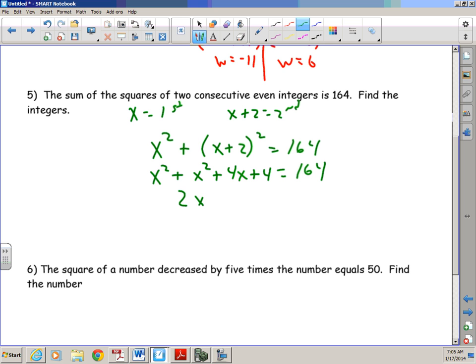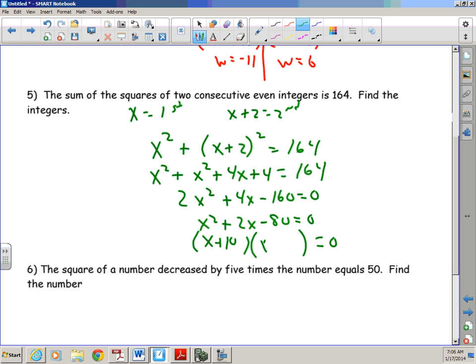I get 2x squared plus 4x minus 160 equals 0. Divide everything by 2. Makes it more manageable to factor so that I'm looking for numbers that are close to each other to multiply to 80. So I get x is negative 10 and a positive 8. Obviously, 8 and 10 are the only two that I accept.